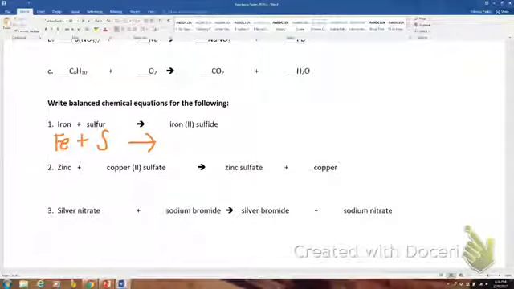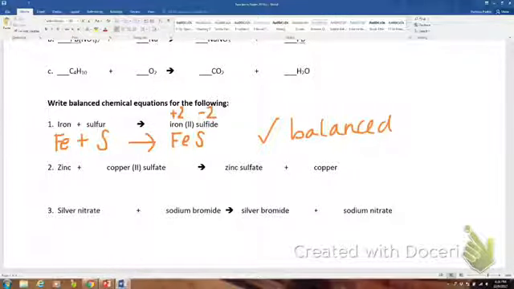Now they have charges because they're in a compound. Iron 2, of course, is a +2. Sulfide, based on being in group 16, is a -2. So we would write that as FeS. Then we double check, is it balanced? And this happens to be balanced as is, so we're done with that one.